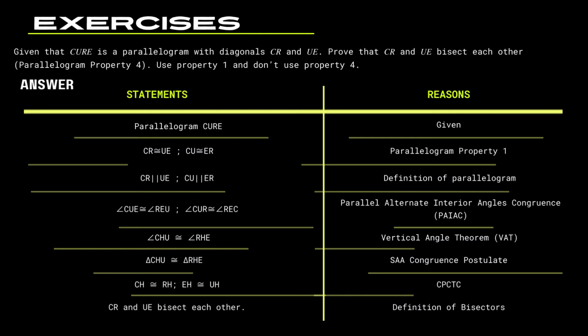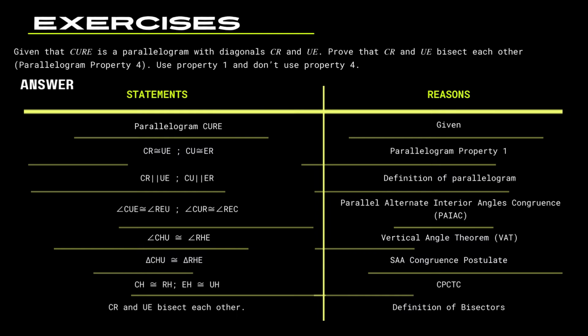I have CR is parallel to UE and CU is parallel to ER, which is the definition of a parallelogram. Then, for statement 4, I got angle CUE is congruent to angle REU and angle CUR is congruent to angle REC, which is PAIAC.